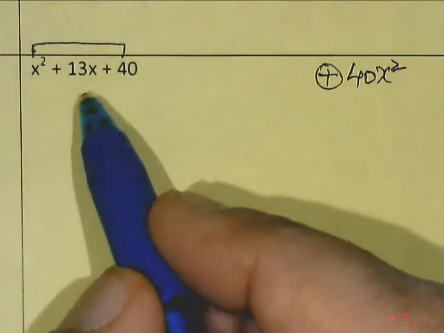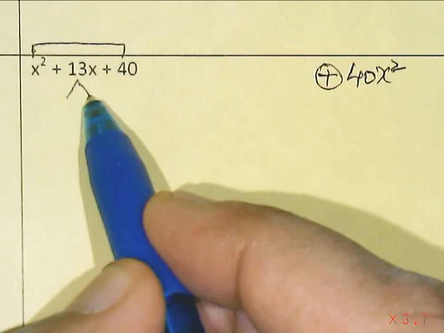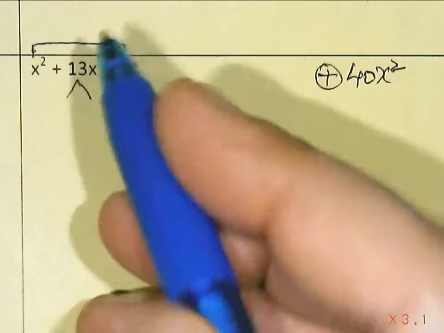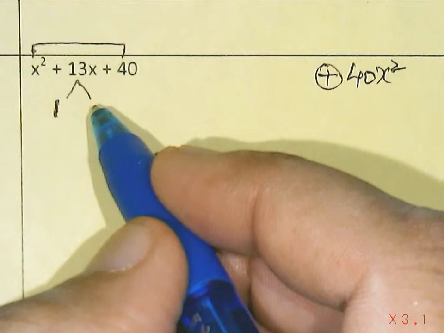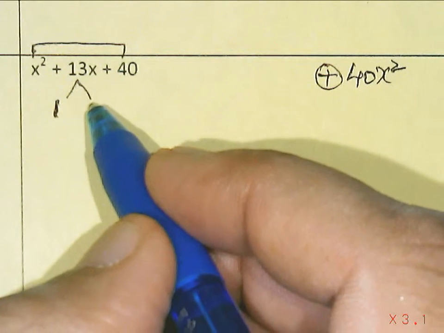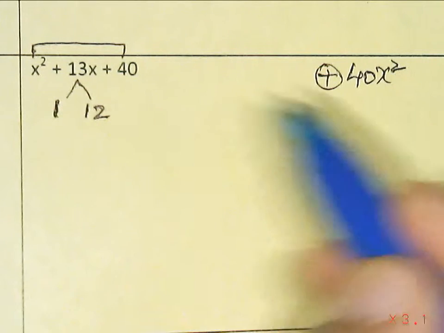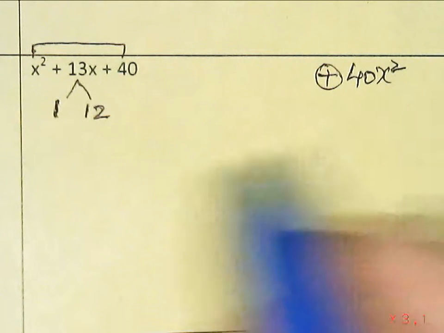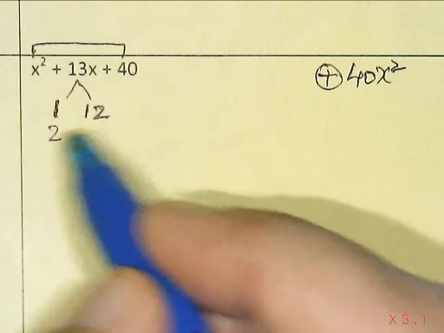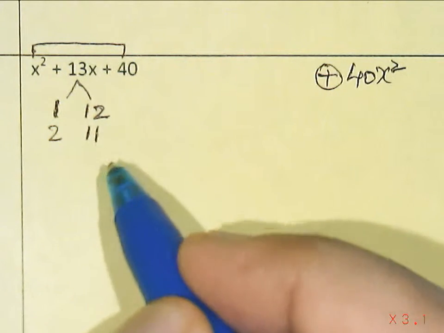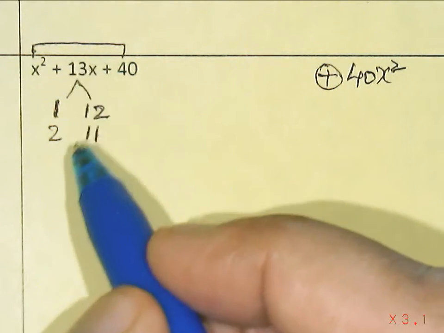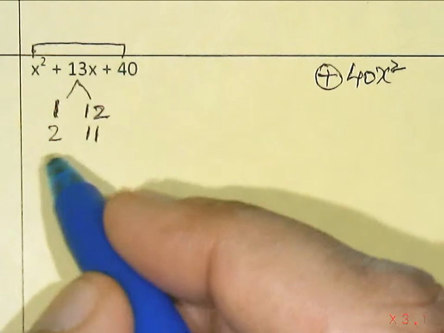Now you have to split 13. Let me start with 1. When you have a positive sign, 1 plus what number makes 13? So 1 times 12, is it 40? Then you keep increasing here and keep decreasing here. 2 and 11 makes 13. 2 times 11 is not 40.